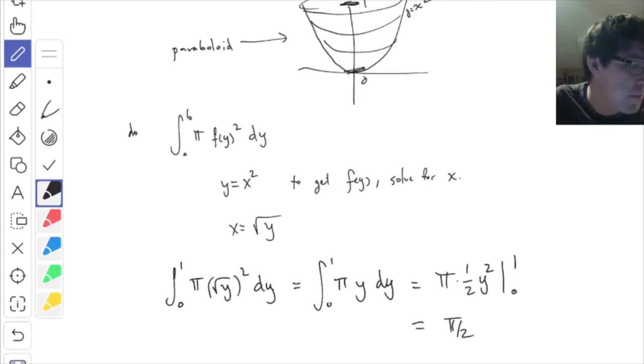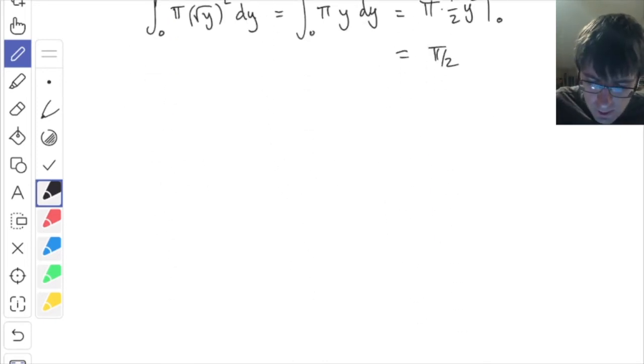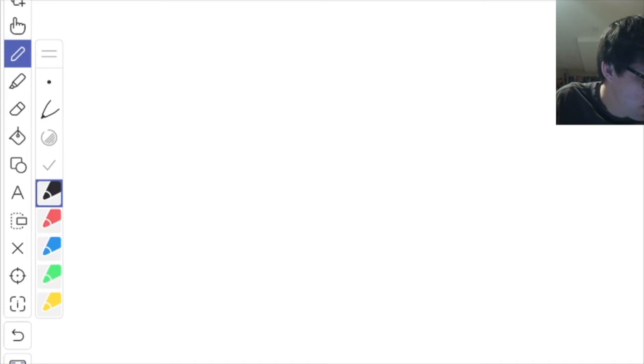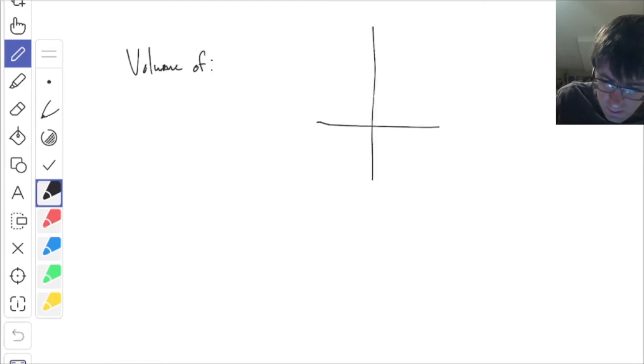All right, here is a variation which actually is more complicated. Not just a simple thing. So let's find the volume of something like, I have two lines here. This is y equals 2x. This is y equals x.